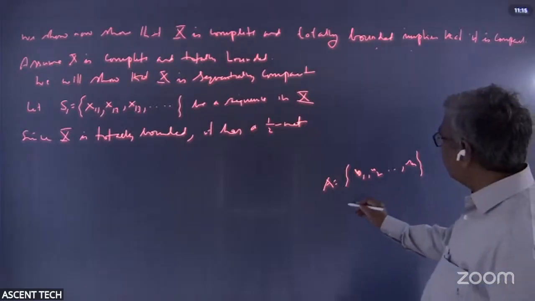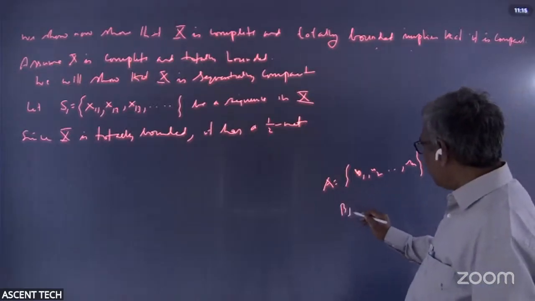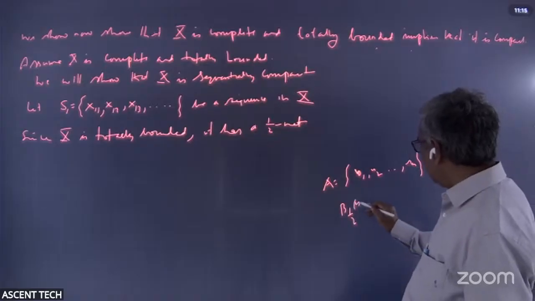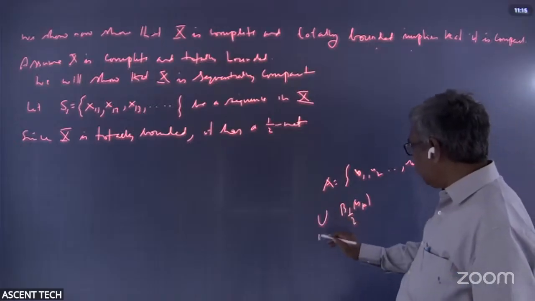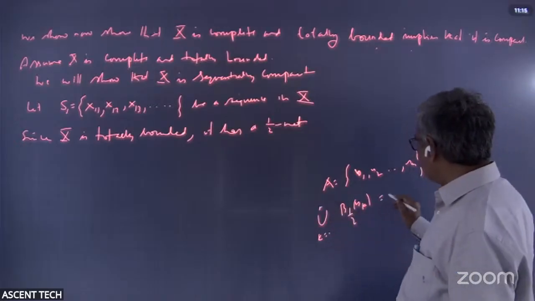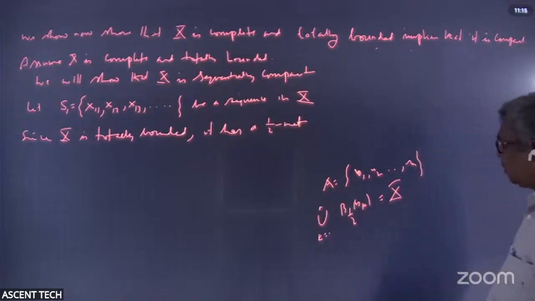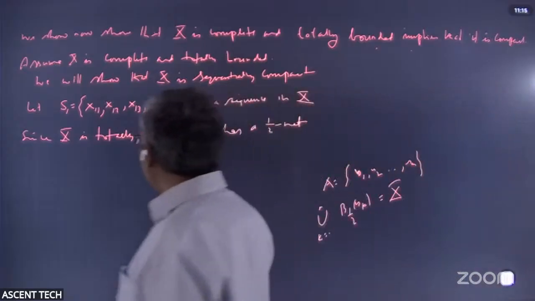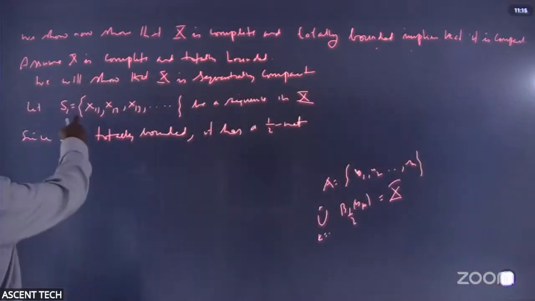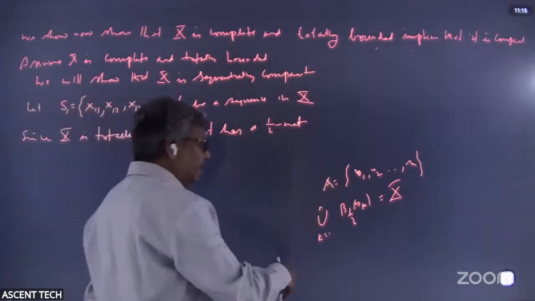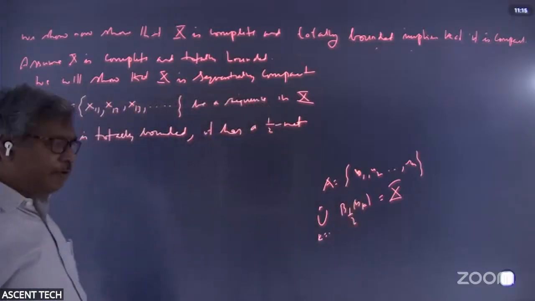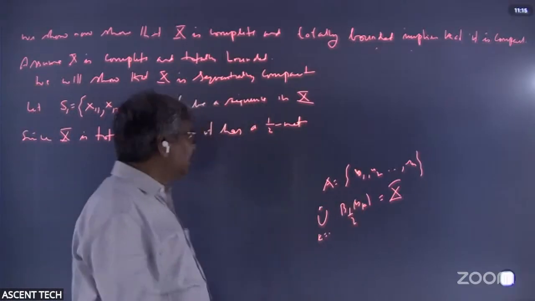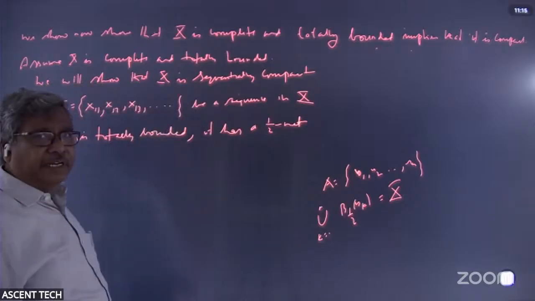In other words, if you look at half neighborhood balls around each yk and take k equal to 1 to n, you are saying that this is the entire space X. So finitely many balls are covering the capital X. Okay, and there are infinitely many terms of the sequence in X. So infinitely many of them should be in one of the balls, unless of course it has one element repeating infinitely many times.